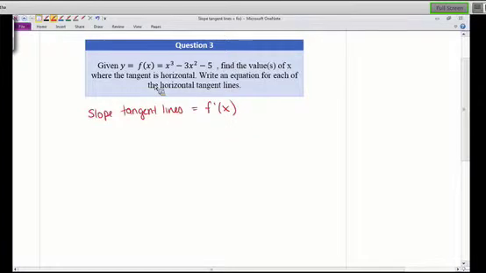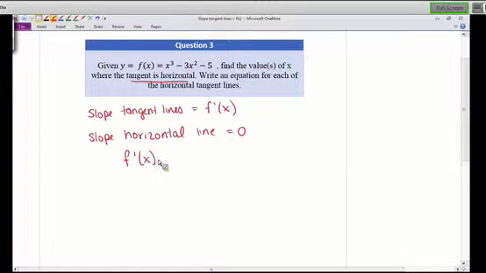They're telling us that the tangent we're dealing with is horizontal, so the slope of a horizontal line is equal to 0. Therefore, we're going to take the first derivative of our function and set this equal to 0.